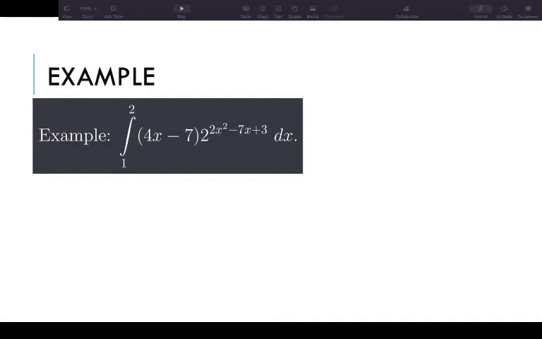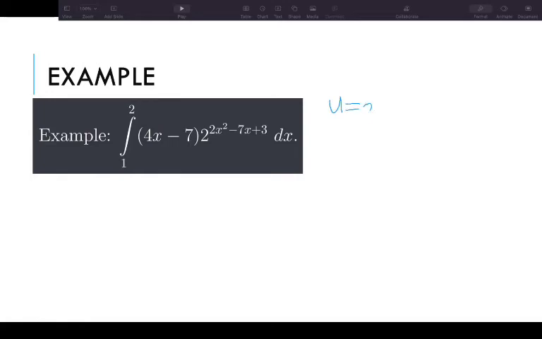Now, as we can see, we evaluate the definite integral of quantity 4x minus 7 multiplied by 2 raised to quantity 2x squared minus 7x plus 3 from x equals 1 to x equals 2. So, as we can see, we need to use u substitution here.